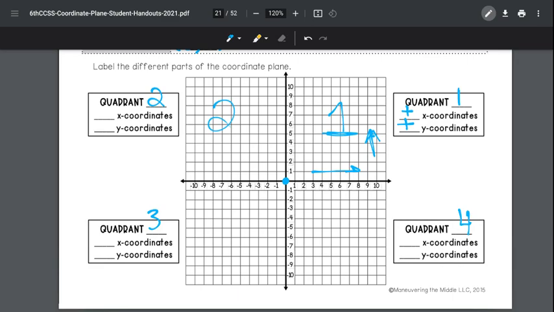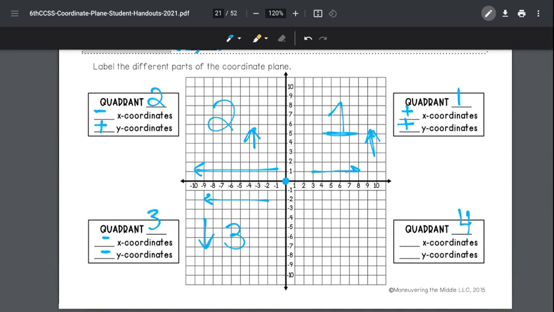If we're in section 2, we have to move left and up, which means our x value is going to be negative and our y value is going to be positive. If you're in quadrant 3, you have to move left and then go down. Those are both negative.